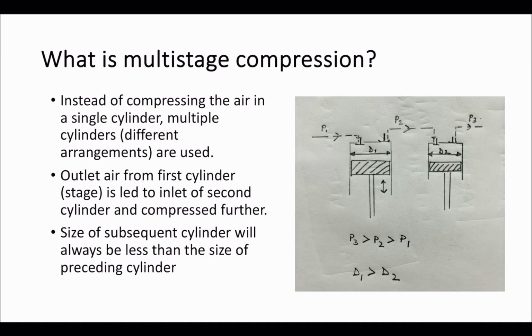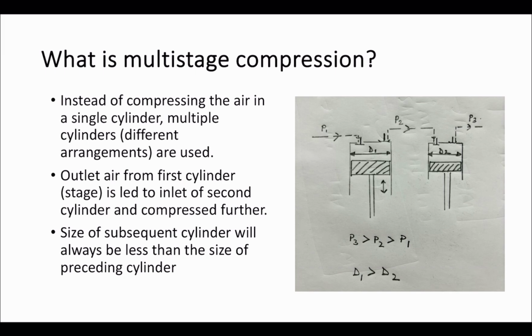So it is very clear that the pressure obtained, P3, is greater than P2, which is the inlet pressure of the second cylinder, and P2 is greater than P1, which is the inlet into the first cylinder.